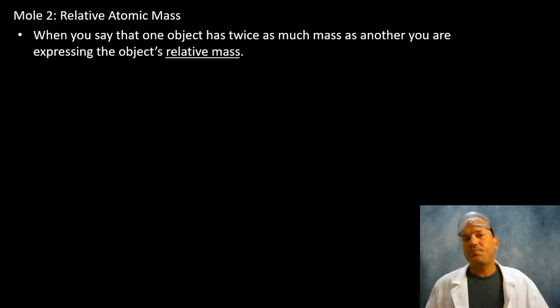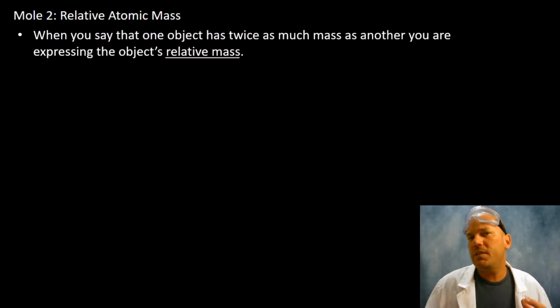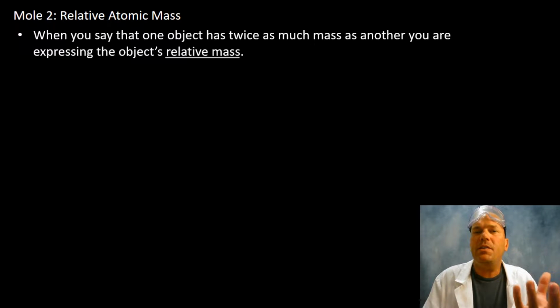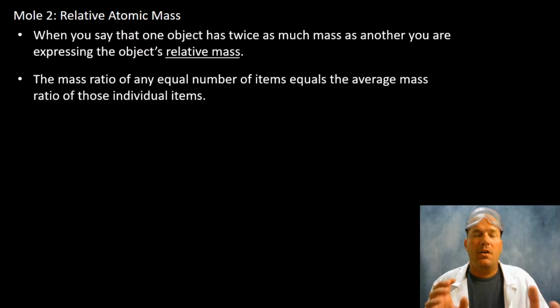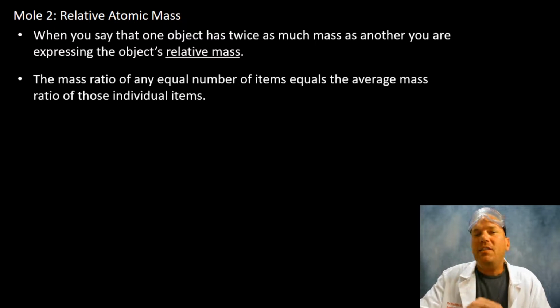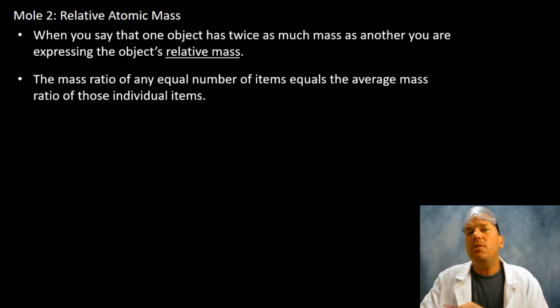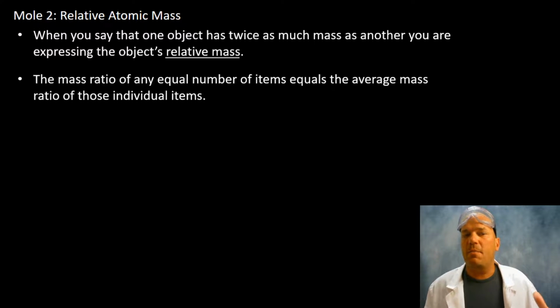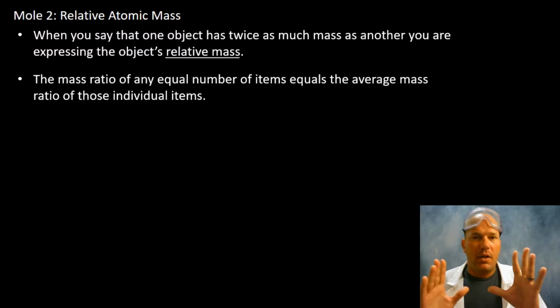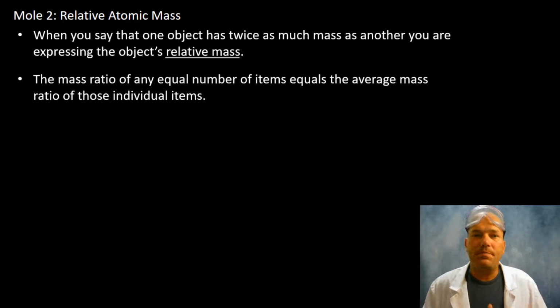Okay, so this is going to seem really obvious. When you say one object has twice the mass of another, you're expressing the mass of one relative to the other. So the mass ratio of any equal number of items is going to equal the average mass ratio of the individual items. Stop and think about that for a minute.